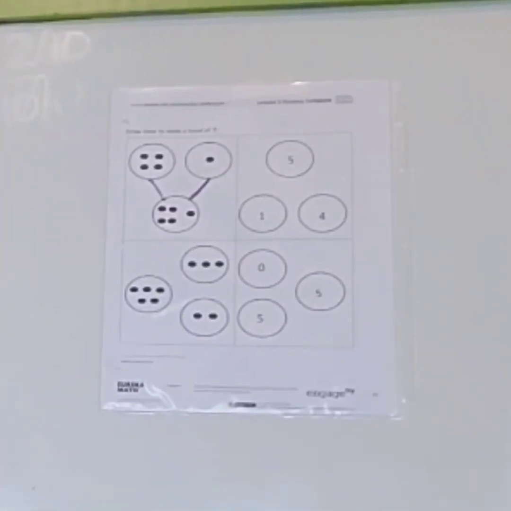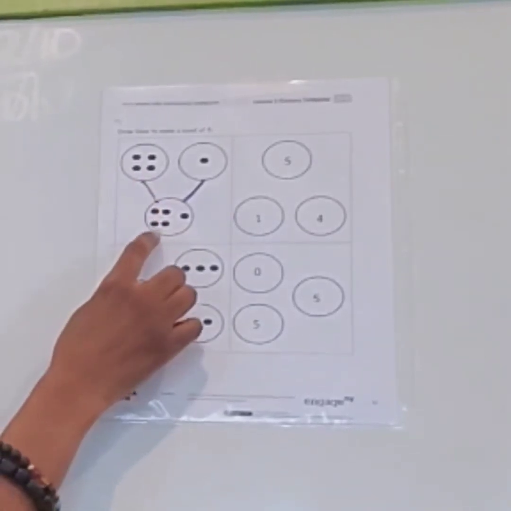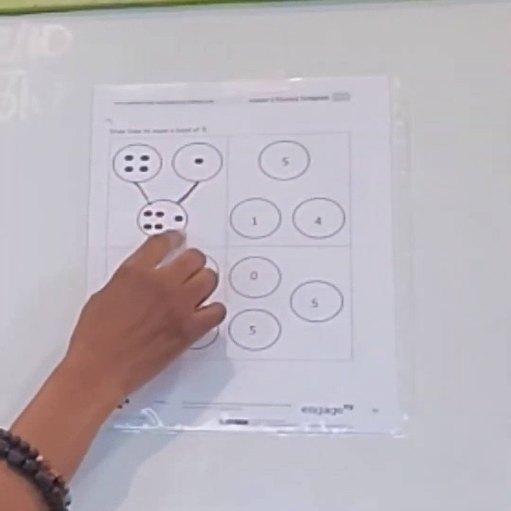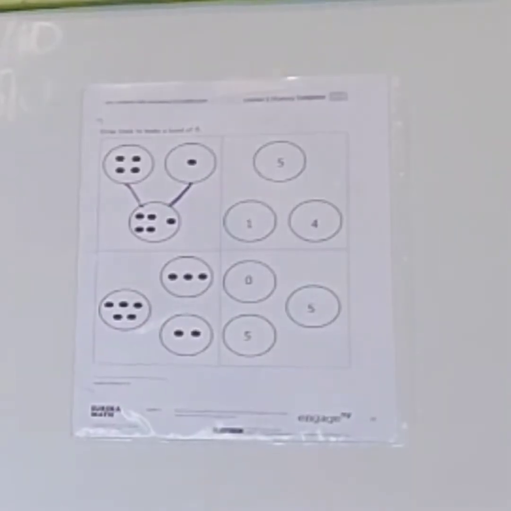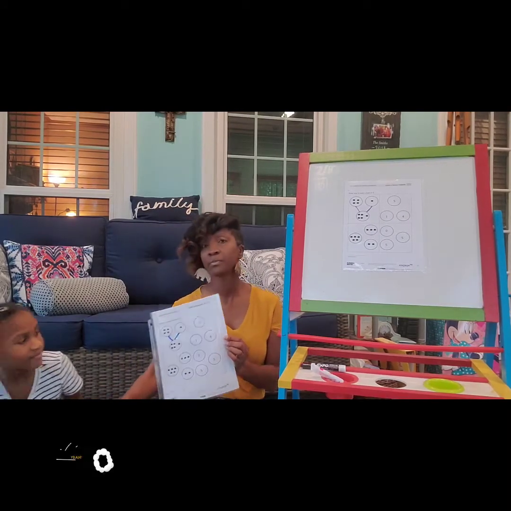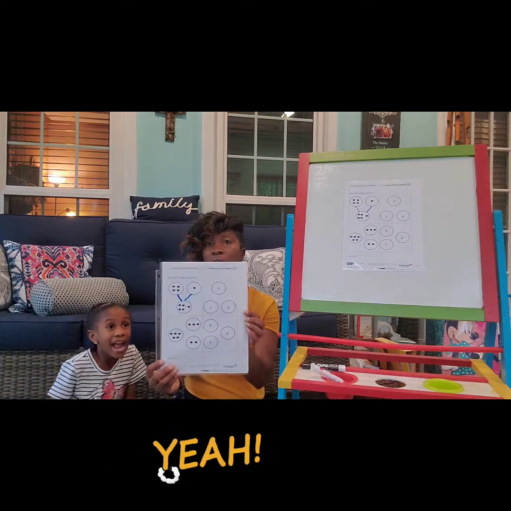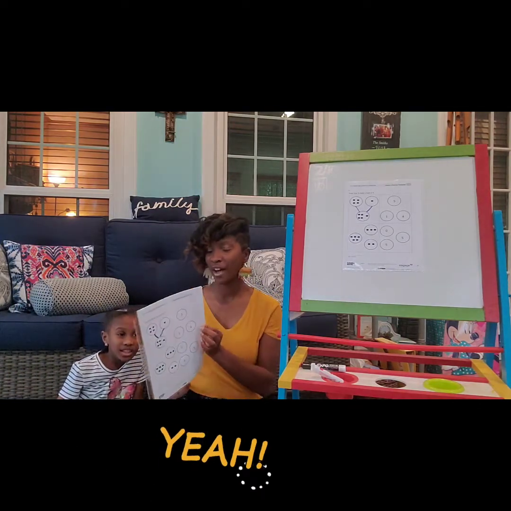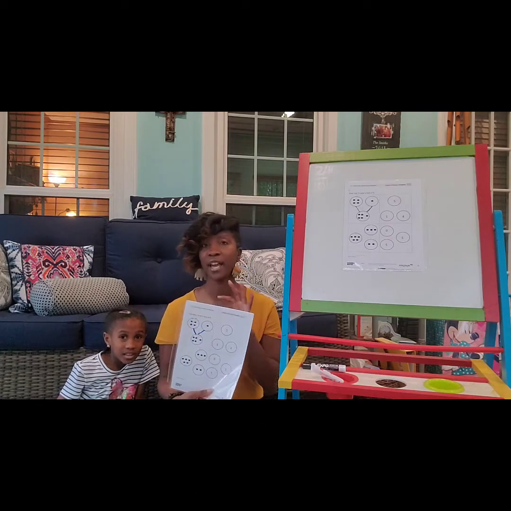Good. So it would be like moving these 4. You see these 4 right here, and then this one will go right here to make 5. Can I show them? Okay. Let's see how she did it. Oh, pretty good, Char.